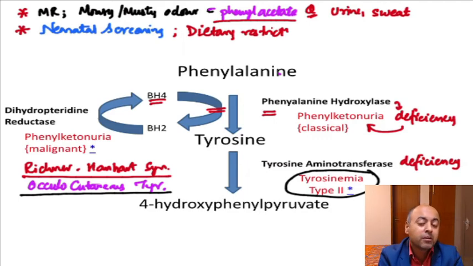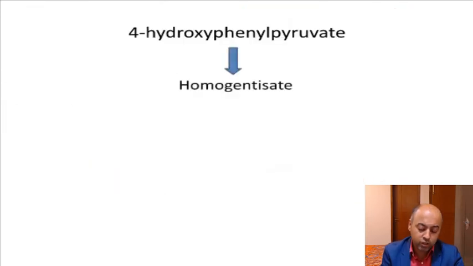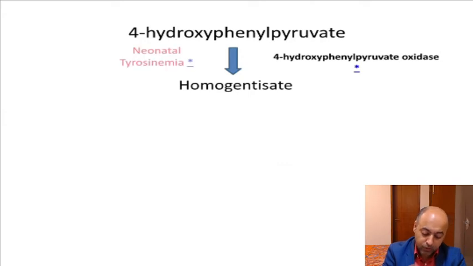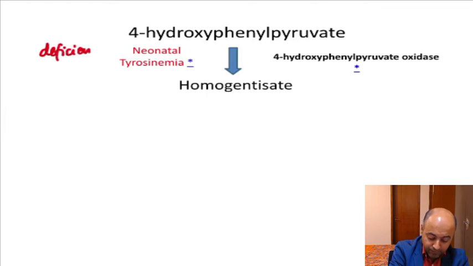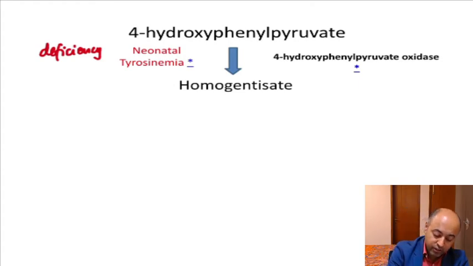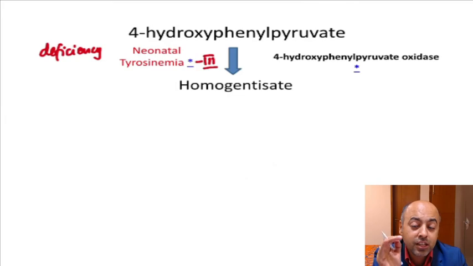Now, in the course of normal metabolism, tyrosine is converted to hydroxyphenyl pyruvate, which is subsequently converted into homogentisate by the enzyme hydroxyphenyl pyruvate oxidase. Now, here there are two things. Number one, when the enzyme is deficient, we get neonatal tyrosinemia, also called tyrosinemia type 3, which is mostly asymptomatic.